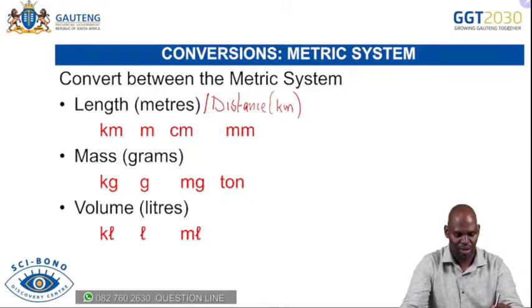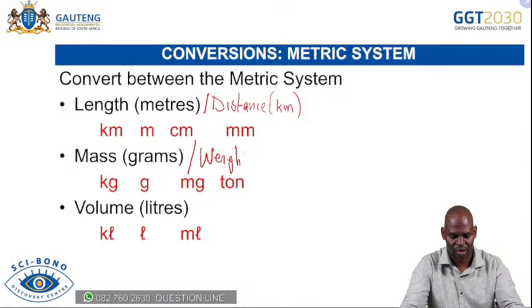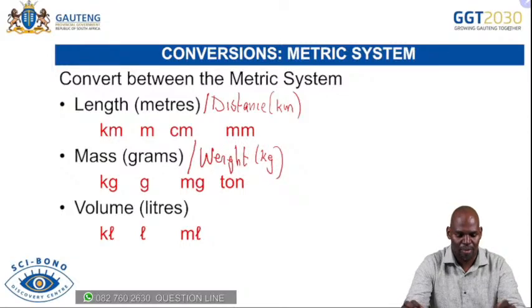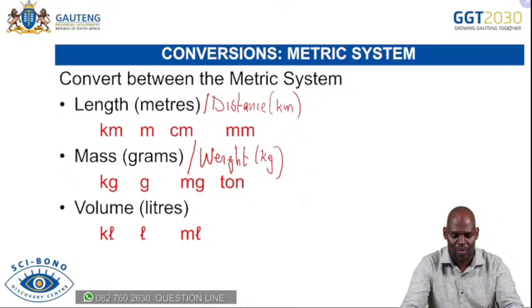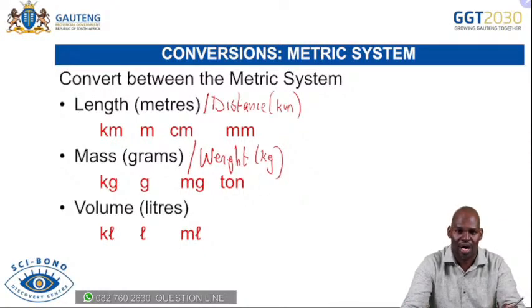Then we've got the second one, it's mass in grams, or you can say weight. Then weight can be in kilograms. So when we convert between mass and weight, we use kilograms, grams, milligrams, and we've got the special one there, which is a ton.